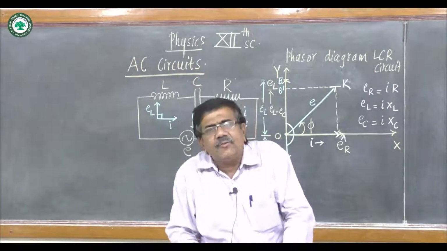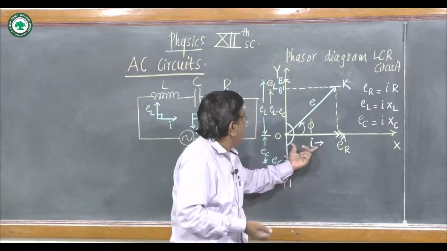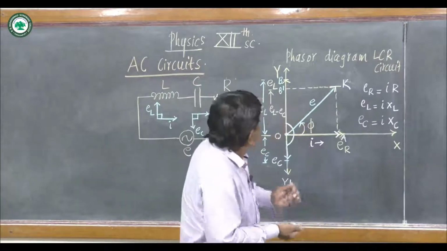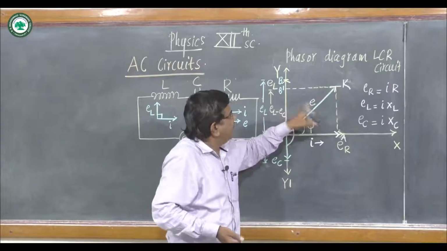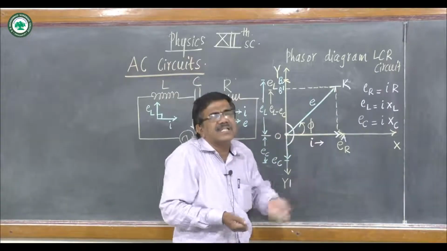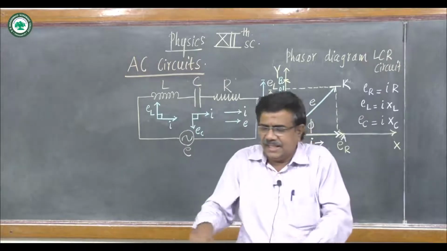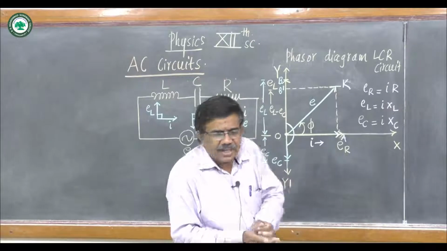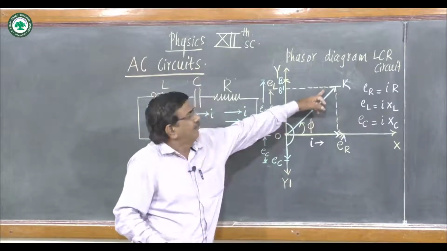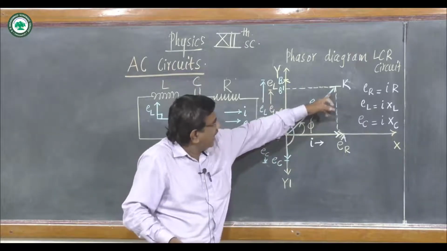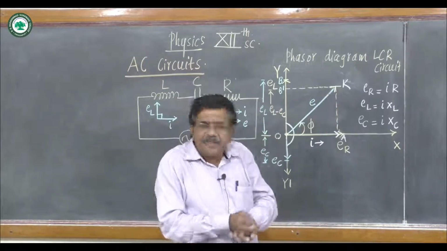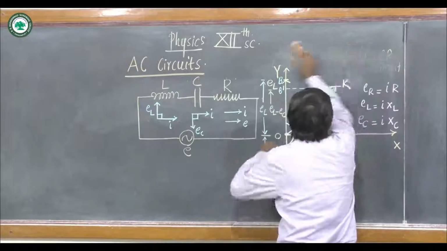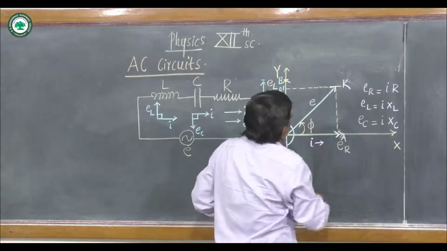The resultant of ER, EL and EC gives the RMS value E. It represents the RMS value E of the applied EMF, and we find this RMS value of applied EMF from the figure.